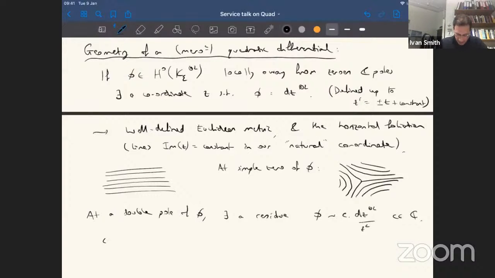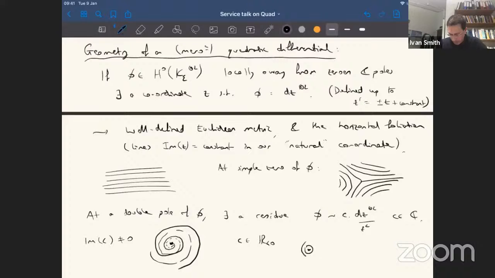And if the imaginary part of c is non-zero, then this local foliation is made out of logarithmic spirals that wind into the point. But if, for instance, c is negative real, then one sees just a family of encircling trajectories. And locally, the metric here is like a half-infinite cylinder, a Euclidean half-infinite cylinder.